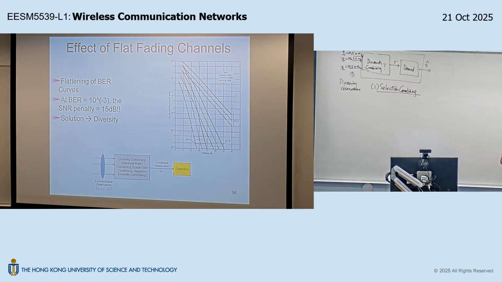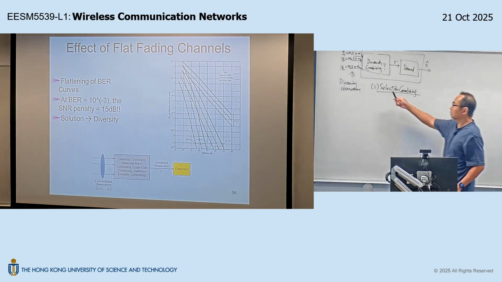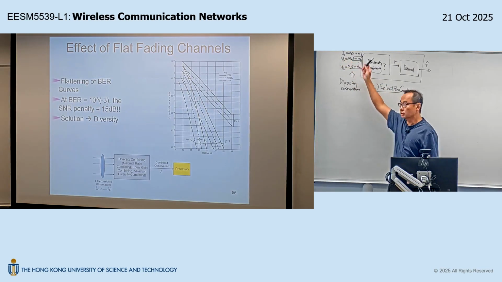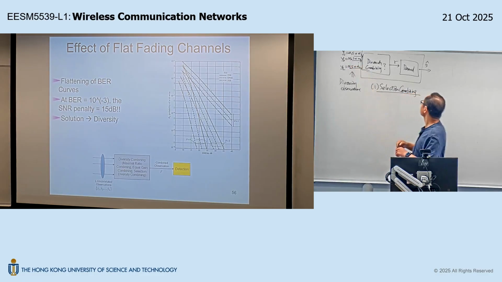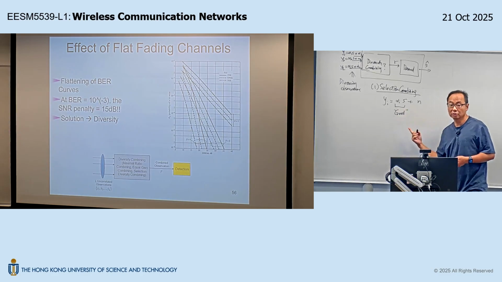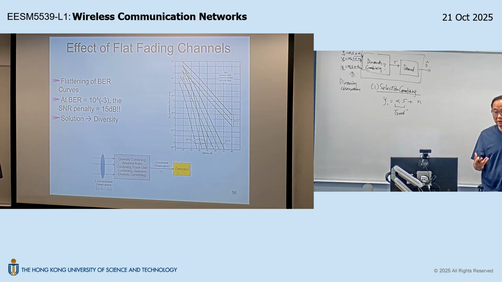So what do we mean? If you take a look at this observation, each of these observations consists of 2 terms, right? There are 2 terms. This term is a good term. Good term means this term contains something related to the symbol I'm interested in, right?